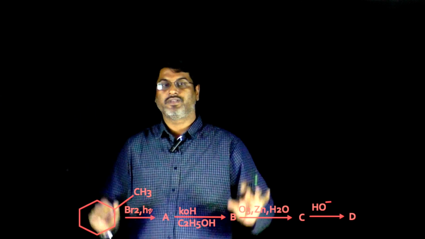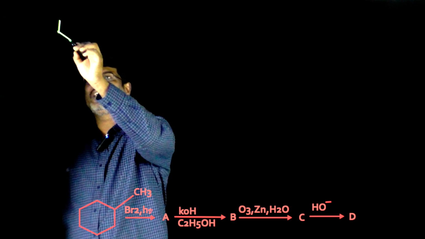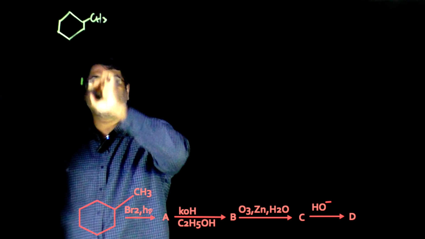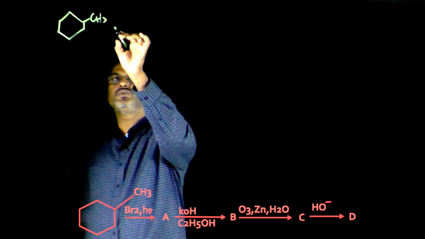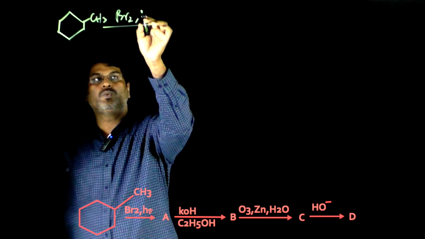So, in this session, your question is the sequential reaction in which the methyl cyclohexane undergoes bromination with Br2, h nu.